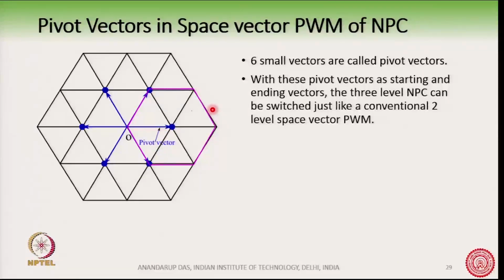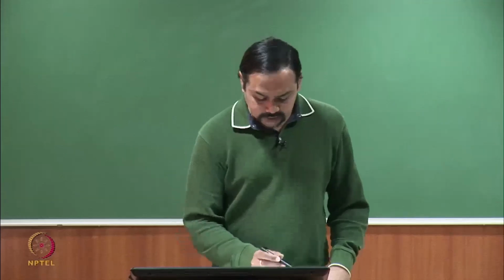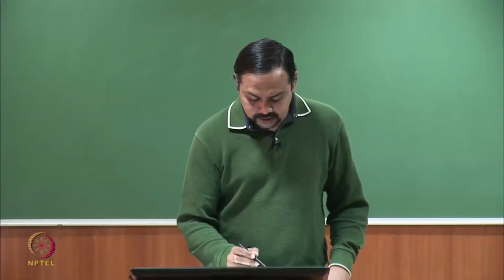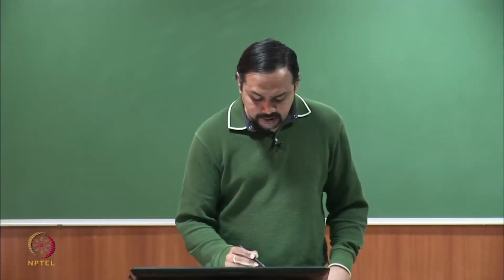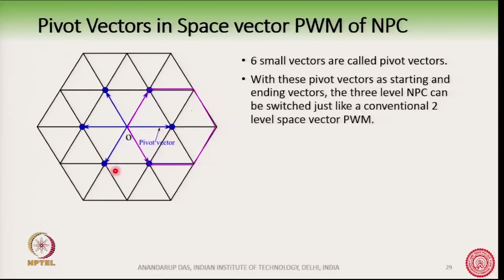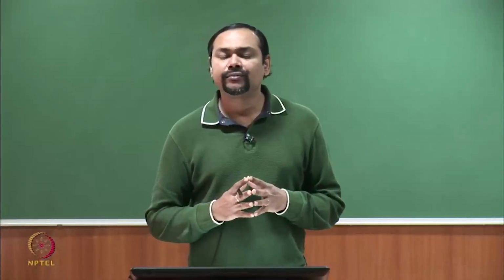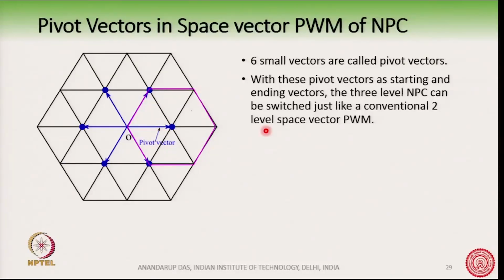So, this big hexagon of a 3 level space vector diagram is made up of many smaller hexagons. How can I utilize the concept of the 2 level space vector diagram in a 3 level space vector diagram?